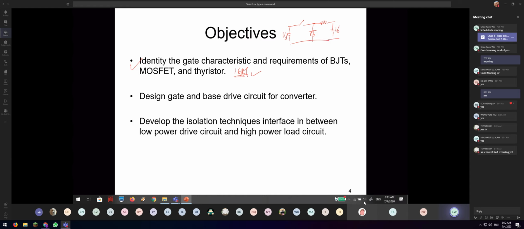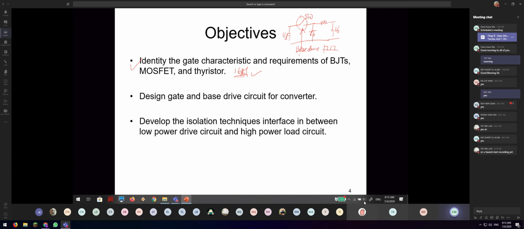The key here is how to design the base drive circuit. The base drive circuit generates a very nice PWM to drive the on-off of the BJT, MOSFET, or IGBT. So this is the switch here. This is the purpose of the base drive.